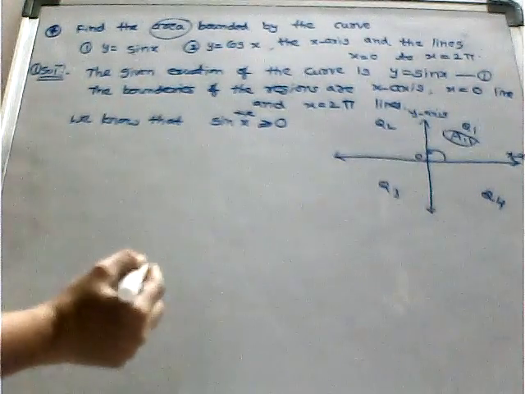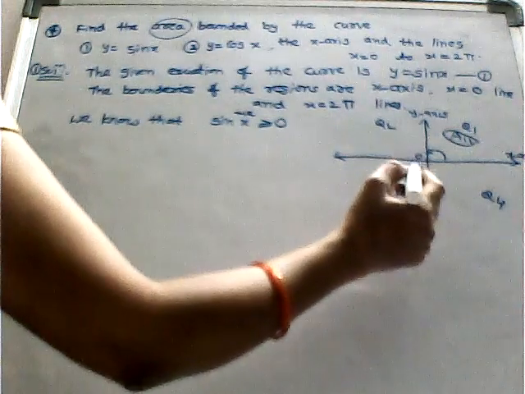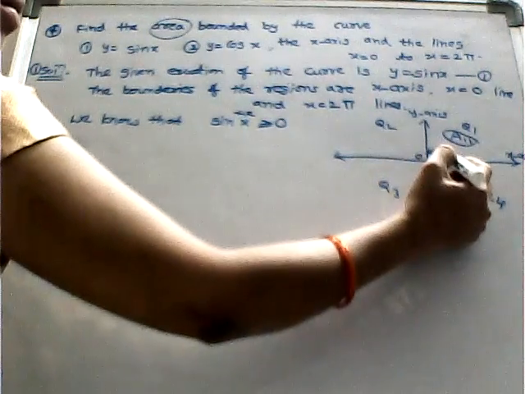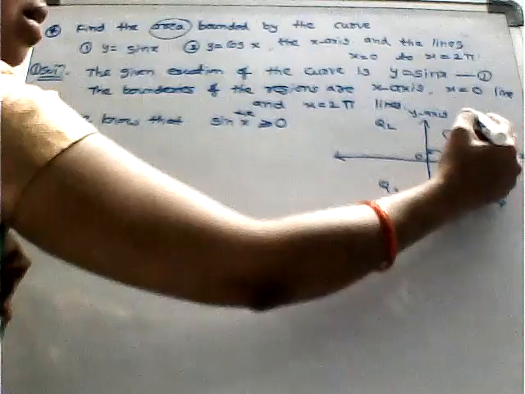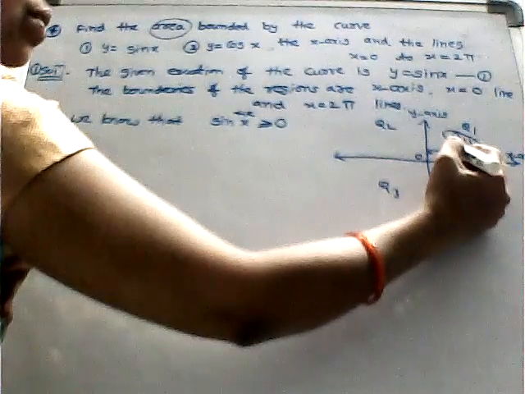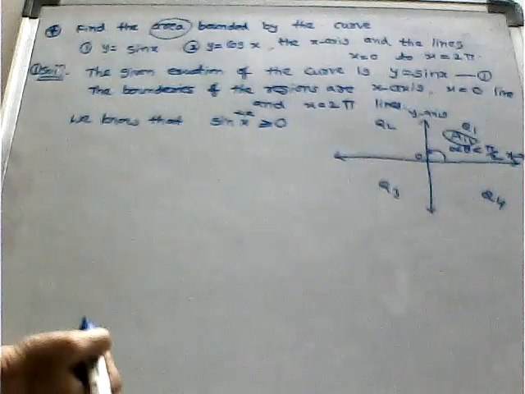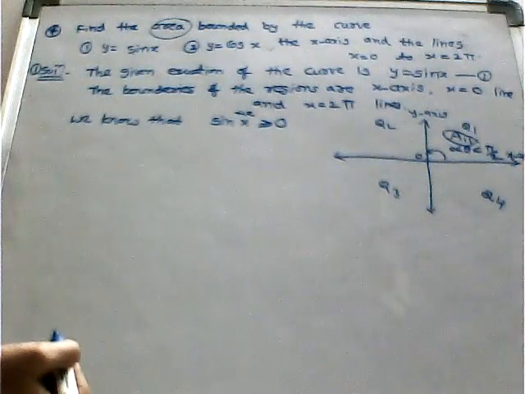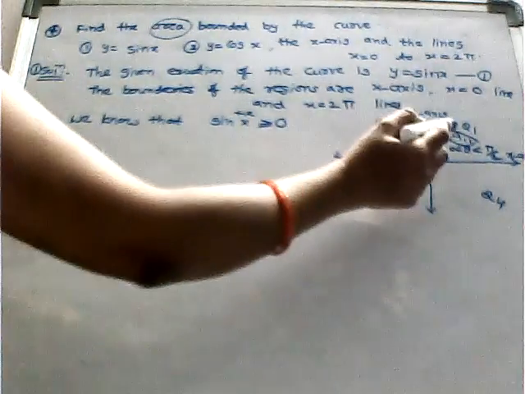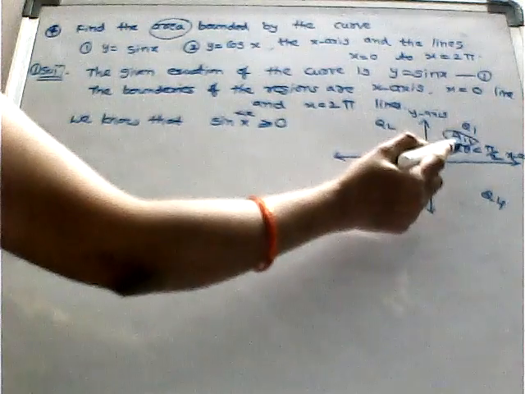The angle theta is between 0 to pi by 2, so all functions are positive.